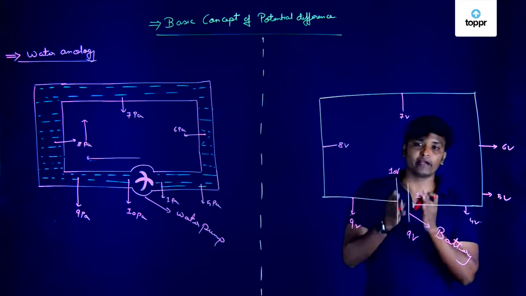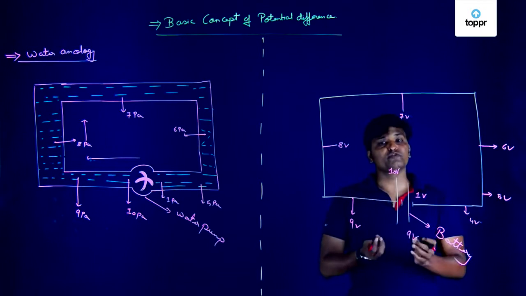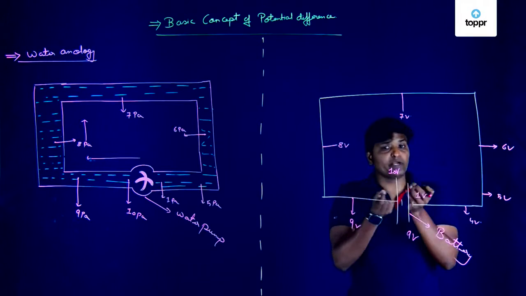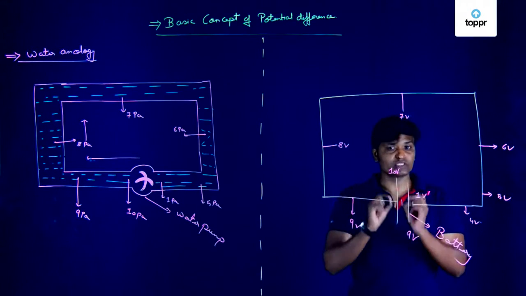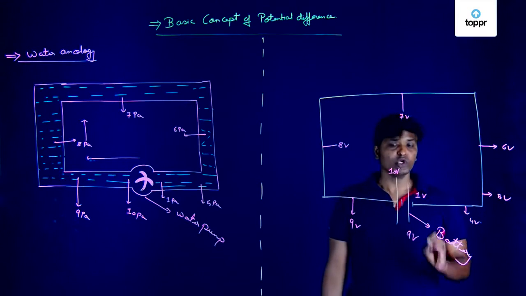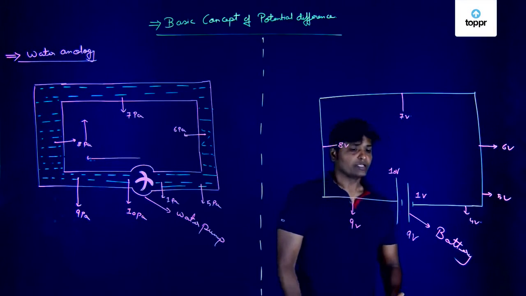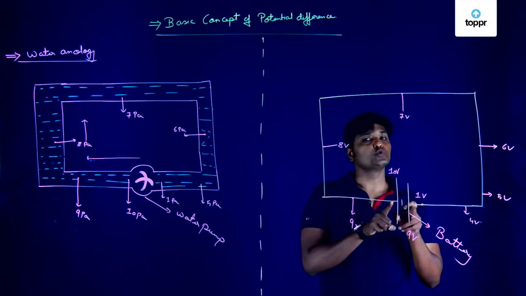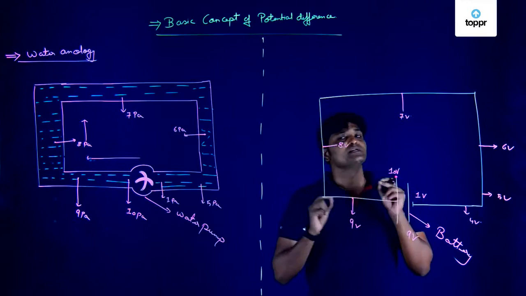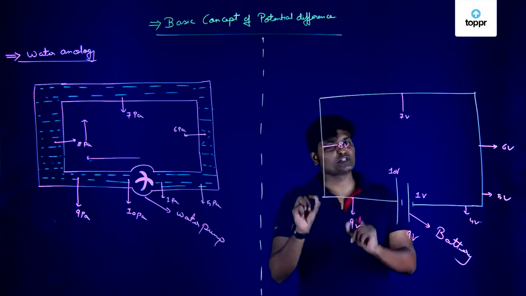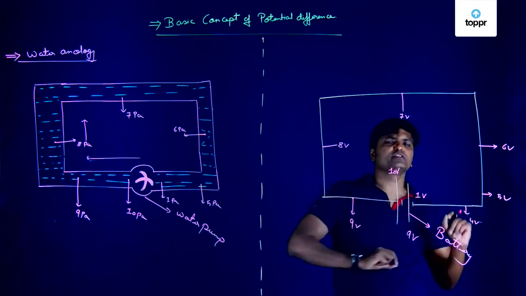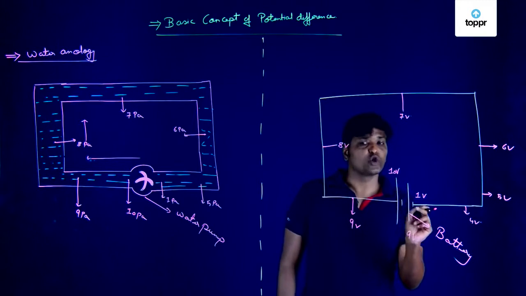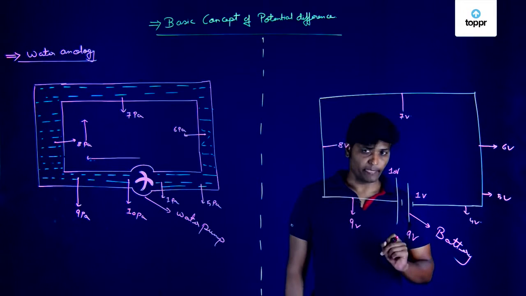So, what is this battery doing? It is creating the potential difference between any 2 points across the entire wire, across the entire circuit. So, I can say that the potential difference between the 2 terminals of the battery is the summation of potential difference between any 2 points on this wire, subject to the condition that the current is not passing through this battery.